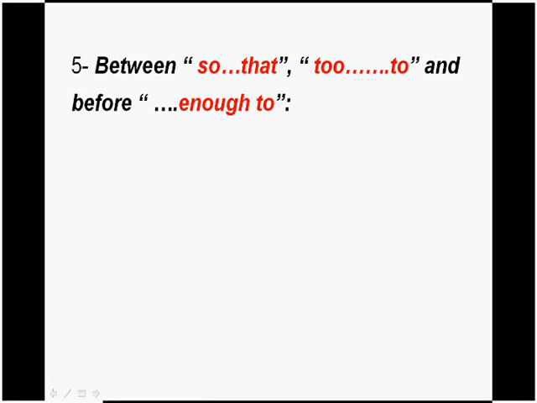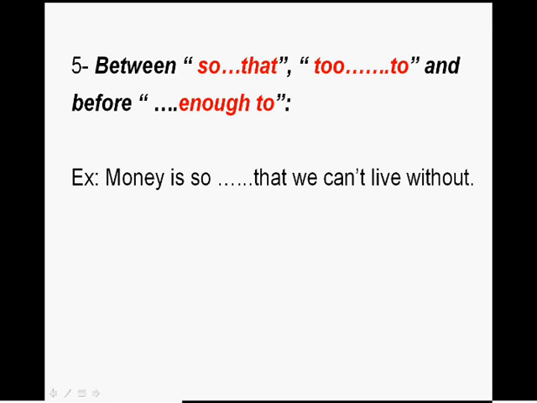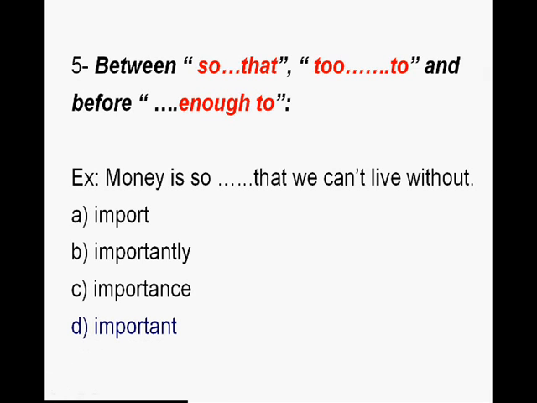And I use an adjective between so and that, between too and to, and before enough to. So I have, money is so important that we can't live without it.